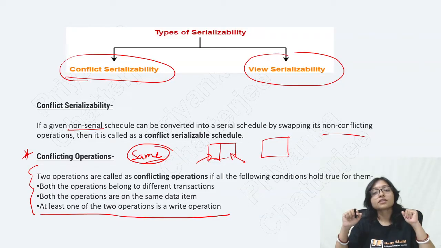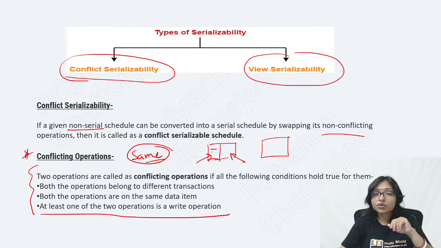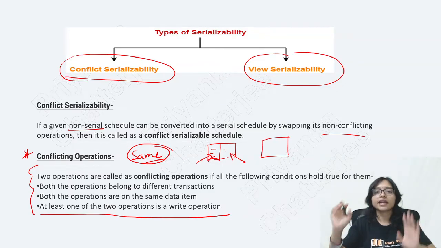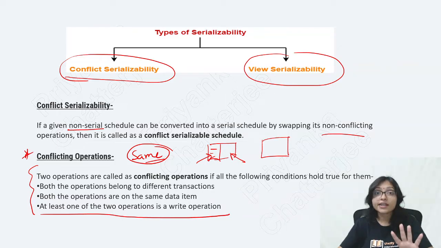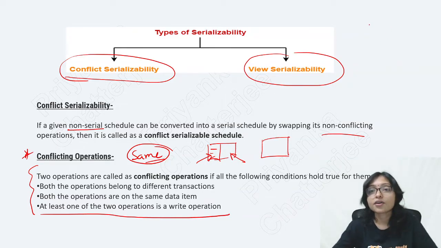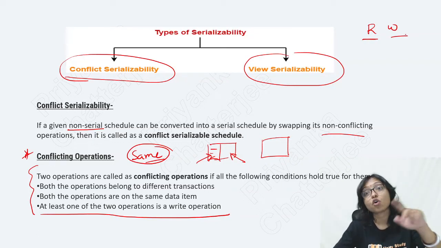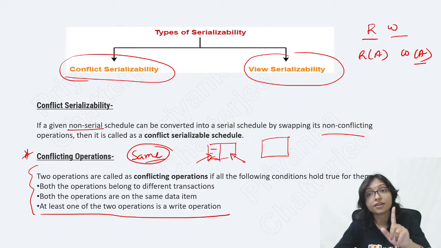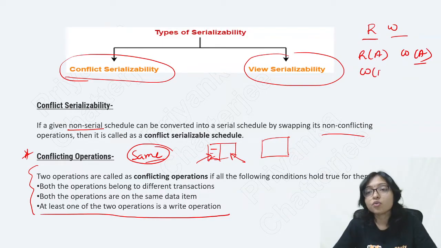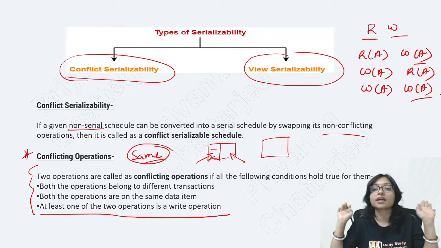Or you are trying to read something and your brother is trying to write on that paper, it is a conflict. So what are the conflicting pairs? Read, write: someone is reading and another is writing on the same data, that is read A, write A, the same variable. Or you are writing and your brother is trying to read, that is also a conflicting pair. Both are trying to write at the same time on the same data.